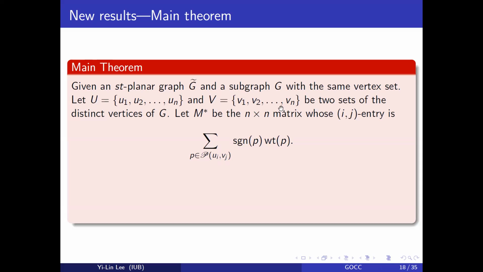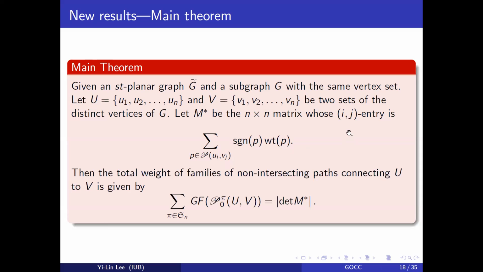The matrix M star we saw before is defined to be the sum, over all possible paths going from U_i to V_j, of the product sign times the path sign times the weight of the path. And we get that the enumeration of non-intersecting paths is given by the absolute value of the determinant of M star.